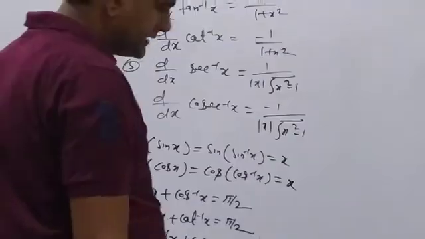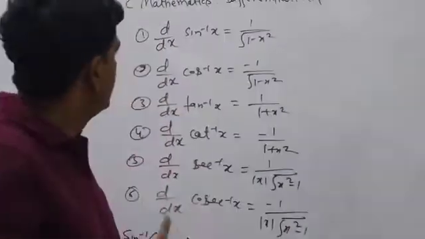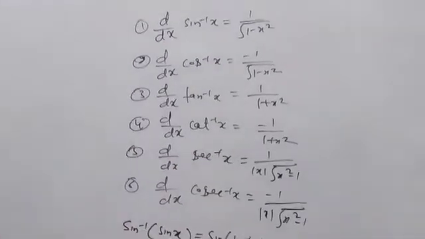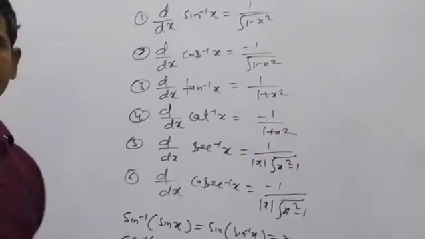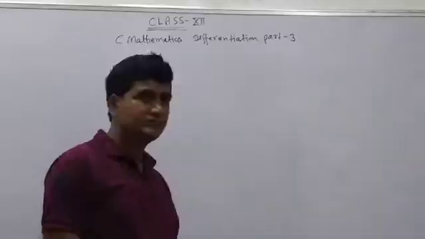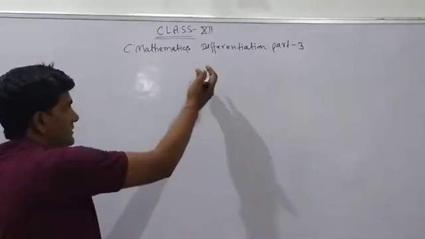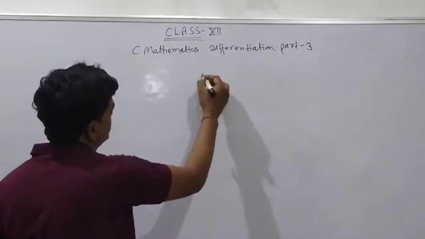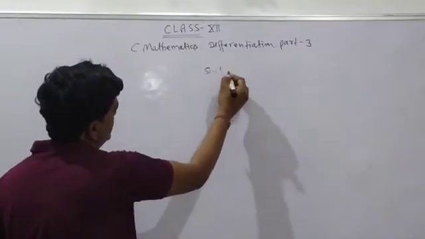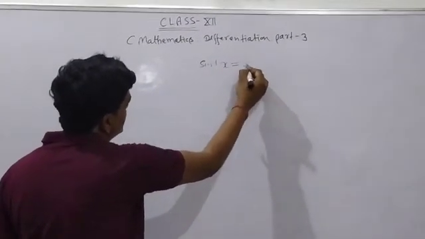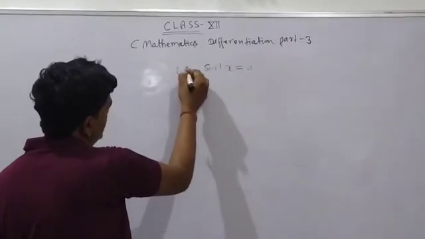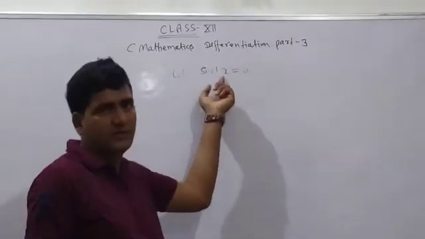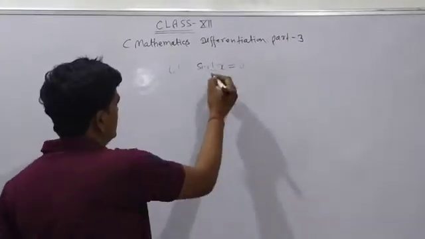After that, I am going to write some special formulas of trigonometry which are used in these questions. Now you see here, suppose sine inverse x is equal to theta. How can we find the value of x in terms of theta?